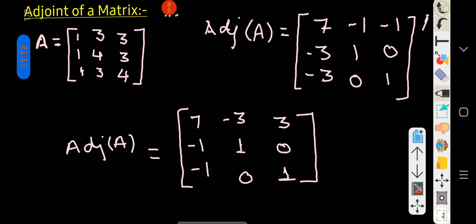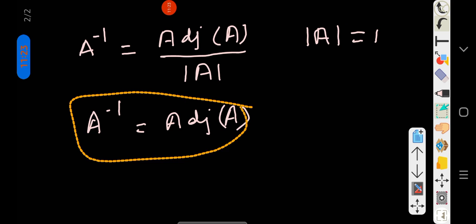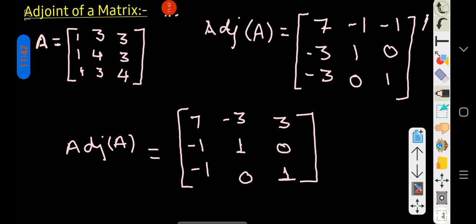So let's write the same matrix as the inverse of matrix A. Here A inverse will be equal to the first row, 7, minus 3, minus 3, and what was the second row?